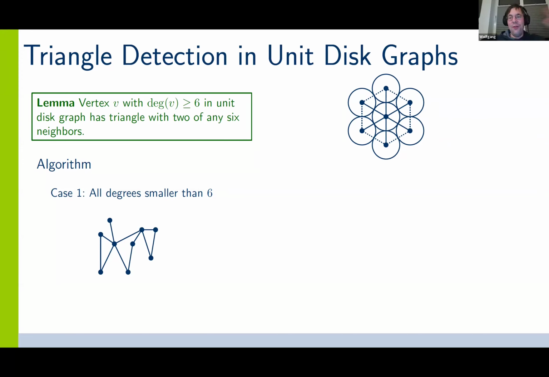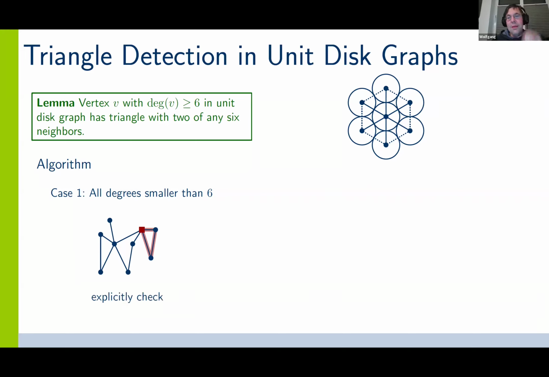For each vertex, I can look at all pairs of its at most 6 neighbors and check, is there a triangle, yes or no? This will take linear time, done. Because each vertex only has constant degree, we can just do that brute force.